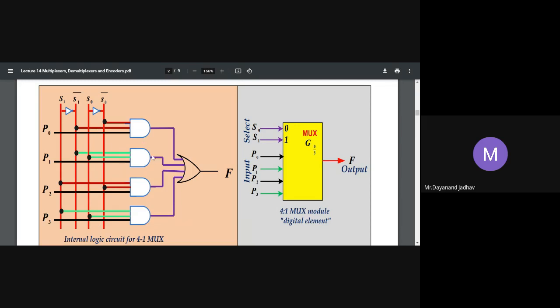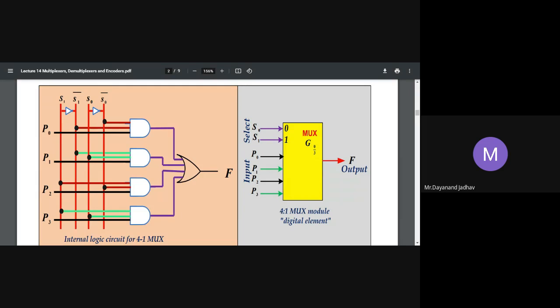In this way, two inverters, four AND gates and one OR gate are required. Also we can design a 2 to 1 mux, with only one select line. First make the truth table, consider S as the select line, 0 and 1, therefore inputs P0 and P1 are to be considered.